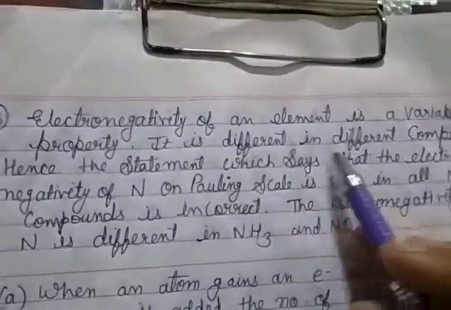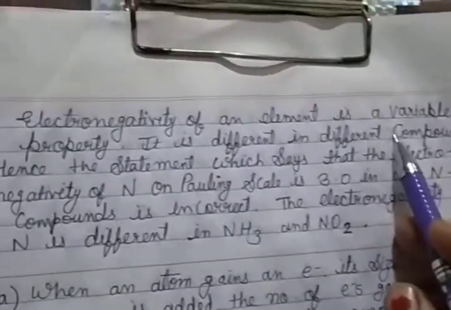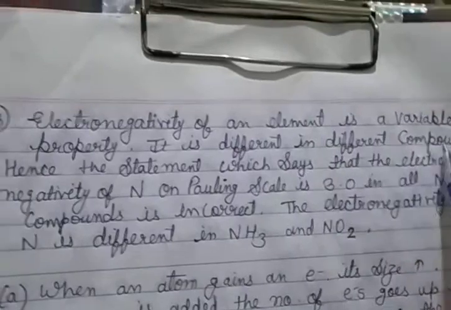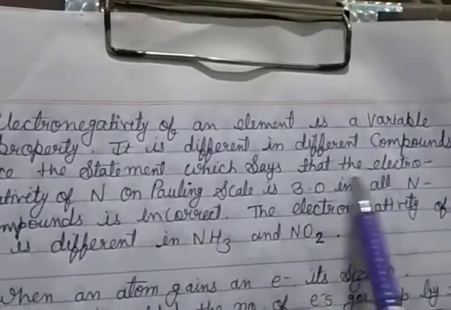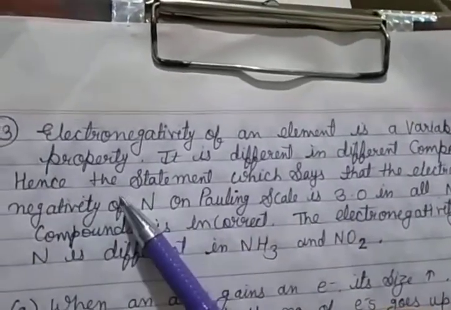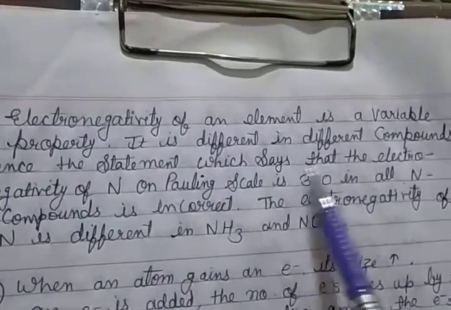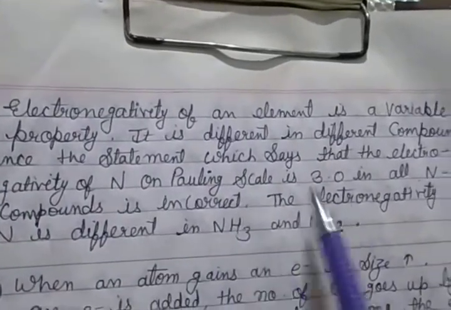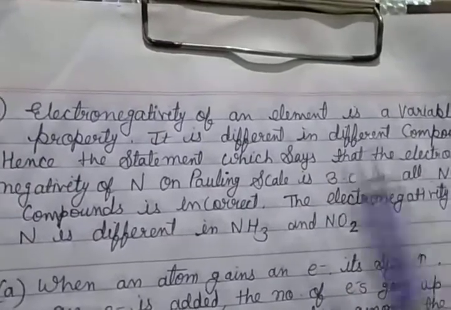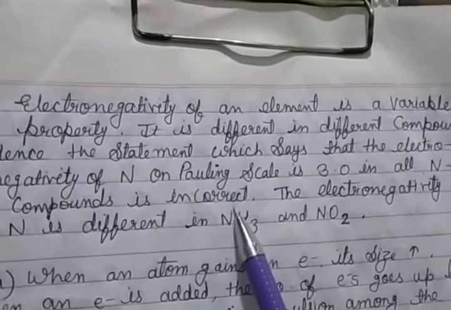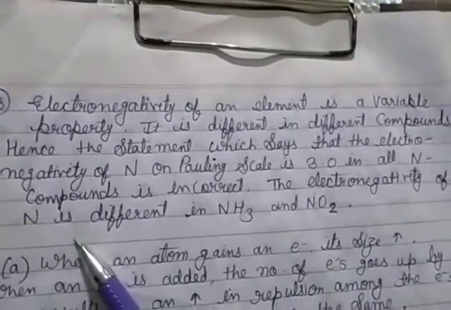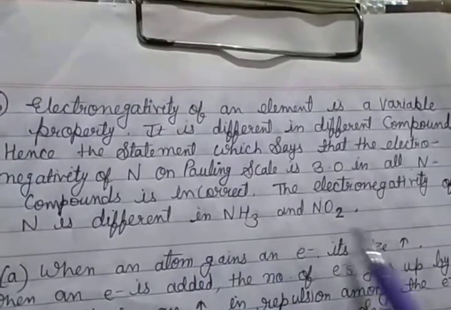Electronegativity of an element is a variable property, and it is different in different compounds. Hence, the statement which says that the electronegativity of nitrogen on Pauling scale is 3.0 in all nitrogen compounds is incorrect. The electronegativity of nitrogen is different in NH3 and NO2.